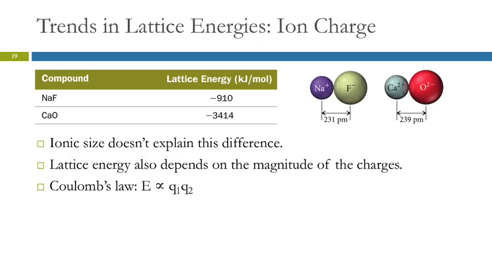So just out of curiosity, what's 4 times 910? 3,640. Ballpark, about 4 times as big. That make sense? So higher charges will be more attracted, meaning the lattice energy will be greater. Smaller ions can get closer together, and so lattice energy will be greater.